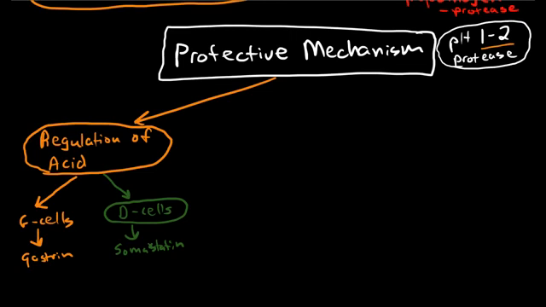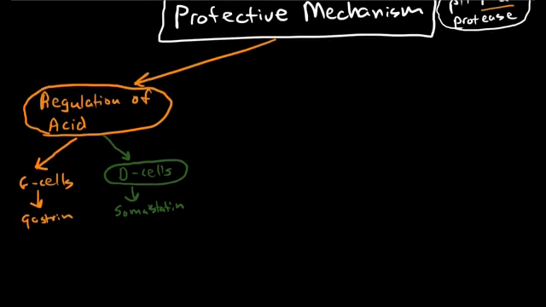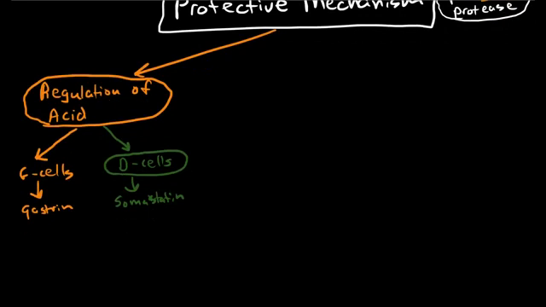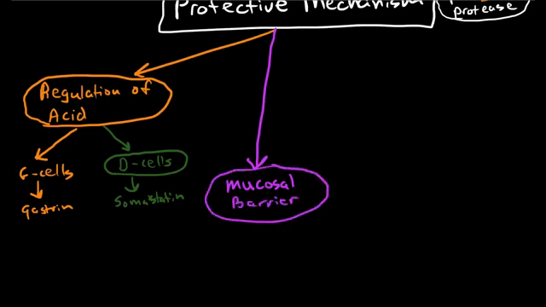The next part is the mucosal barrier. Now, there are adaptations of the mucosal barrier that make it very unique in the stomach. First of all, we have unique adaptations to the columnar epithelial cells.